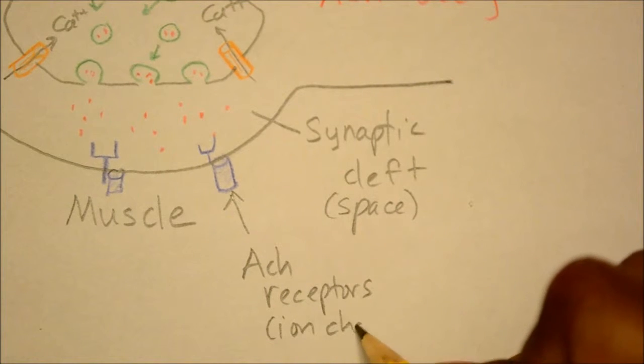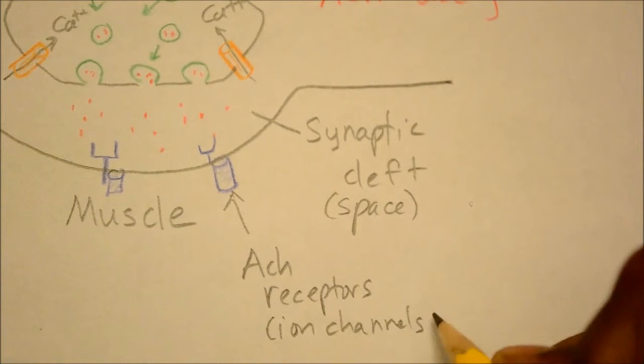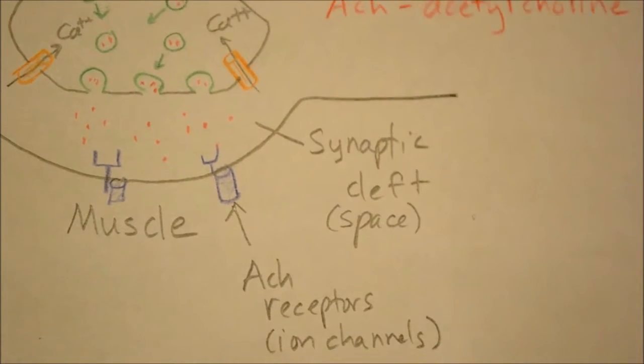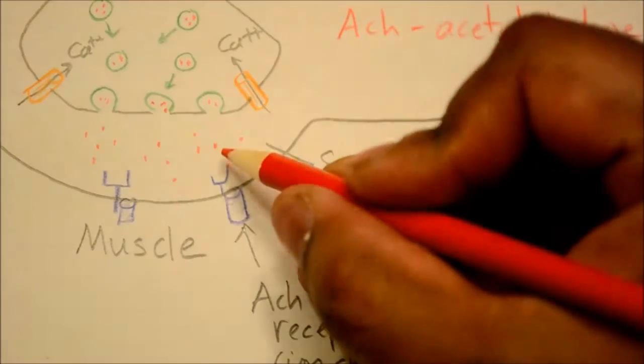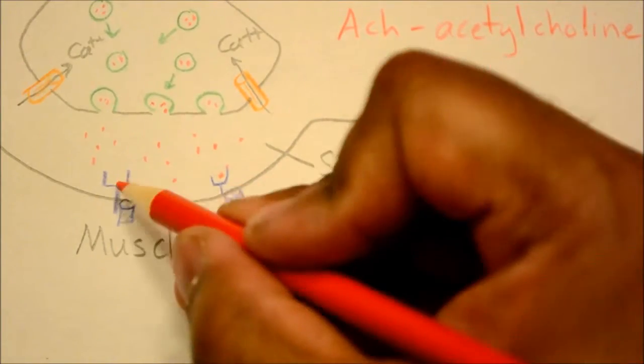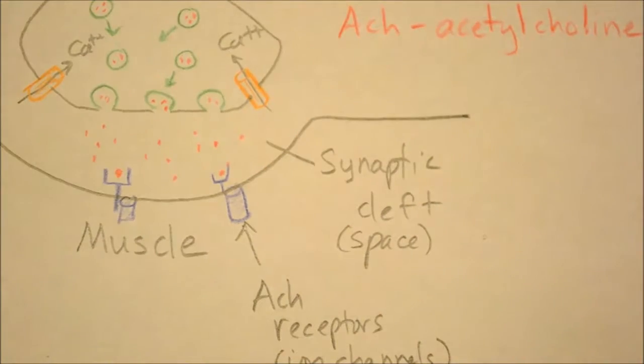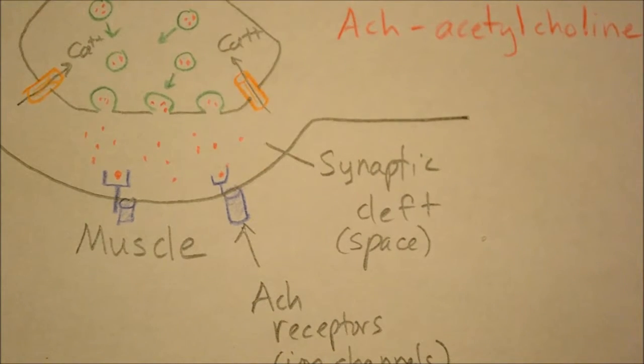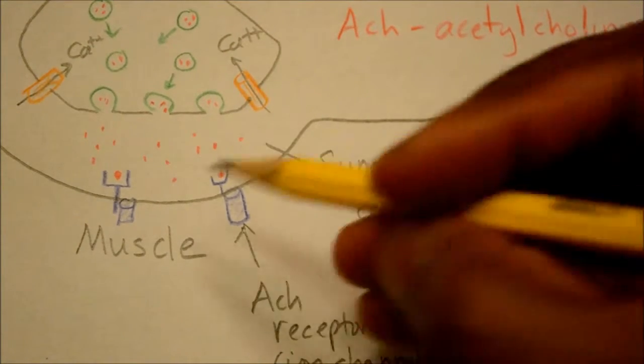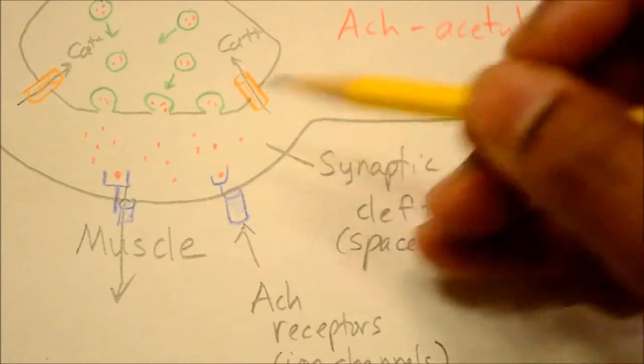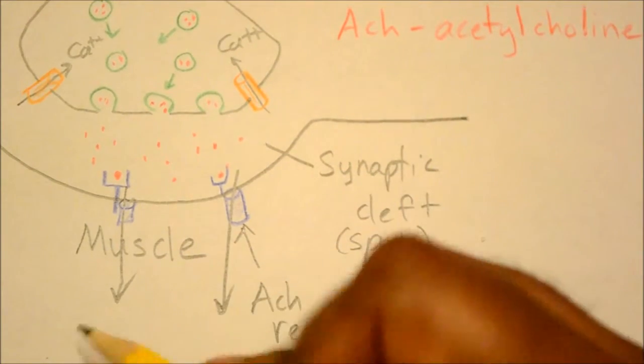So this acetylcholine receptor is next to an ion channel. Once the acetylcholine ends up in that receptor, that channel opens up. It's an ion channel. So there's acetylcholine, it goes into the receptor. It's like the acetylcholine is a key, and the receptor, the purple thing, is like a lock.